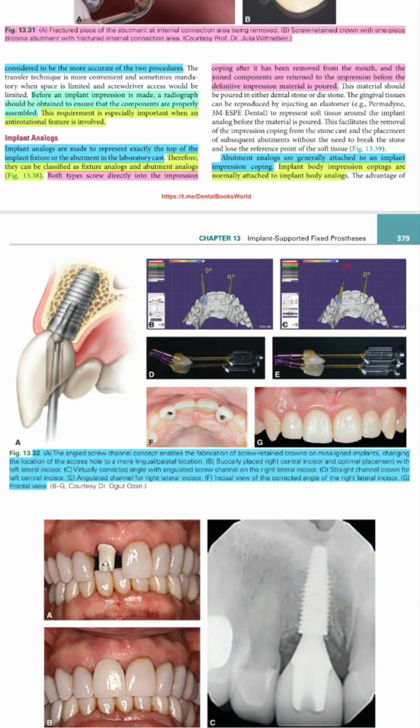We see that the path of insertion of the left is in place, but there is a problem with the right lateral incisor. So an angled abutment of 28 degrees is designed.